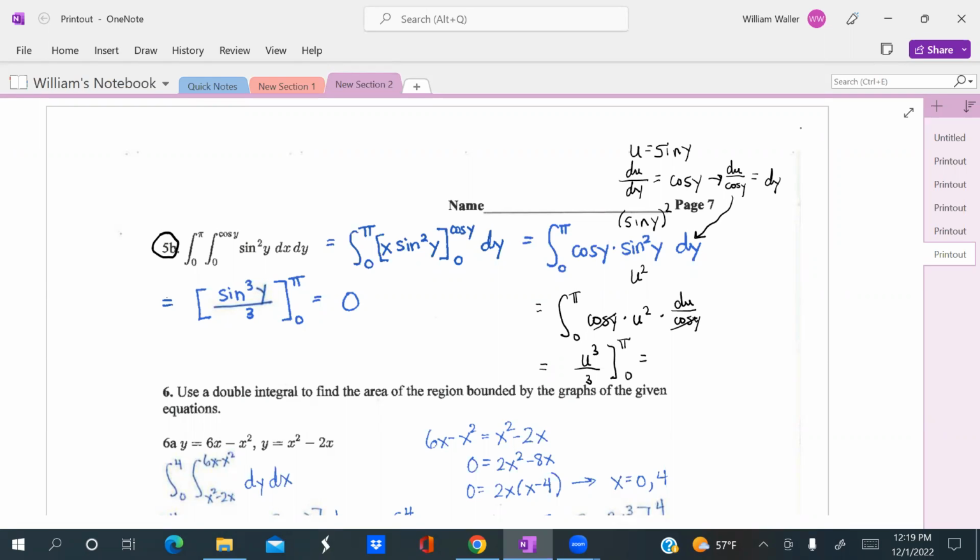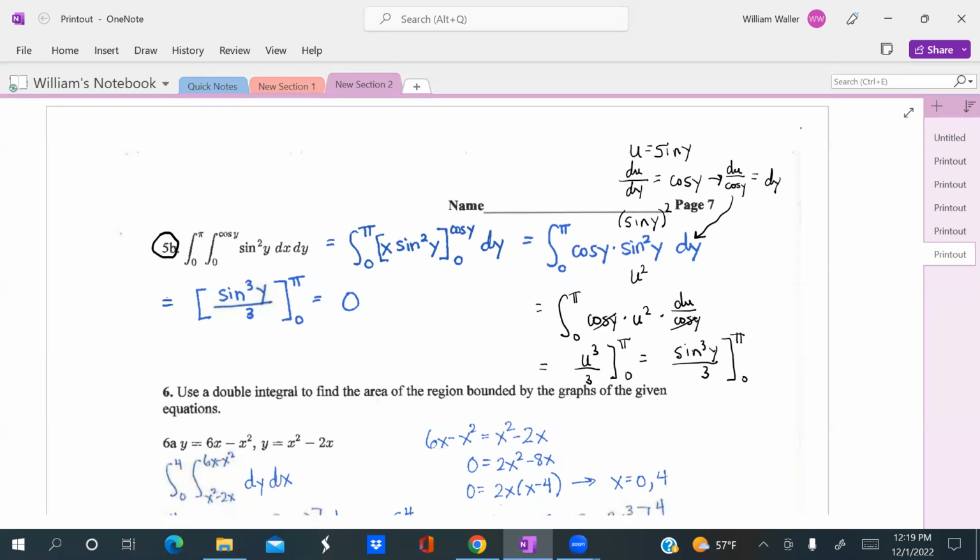But now let's undo our substitution so that these limits of integration become valid again, right? And remember, u is sine of y. So we have here sine cubed y over 3 evaluated from 0 to pi.